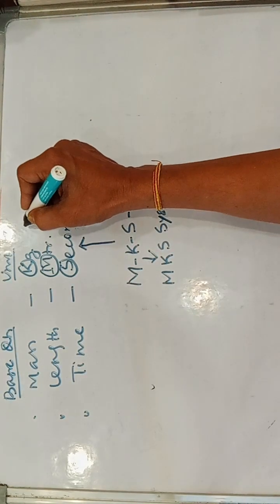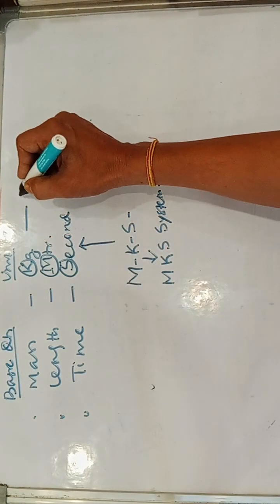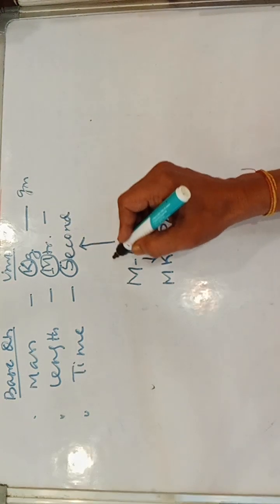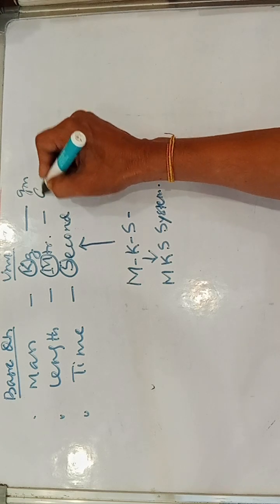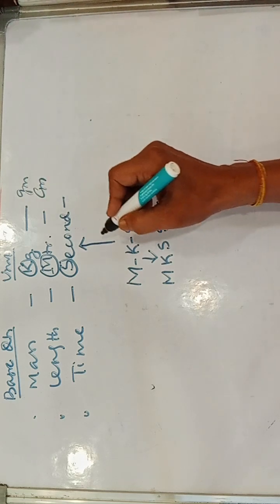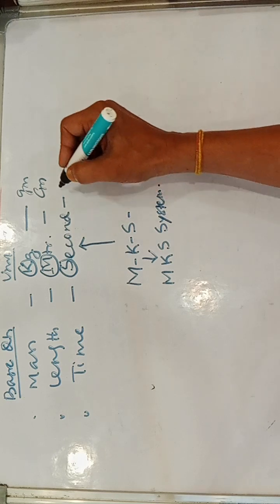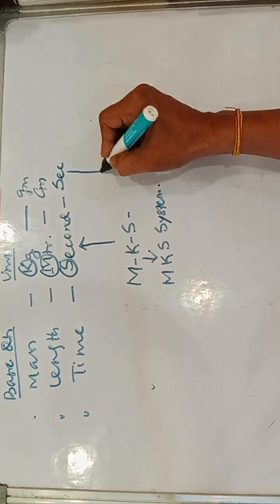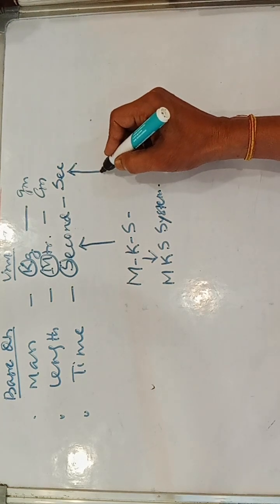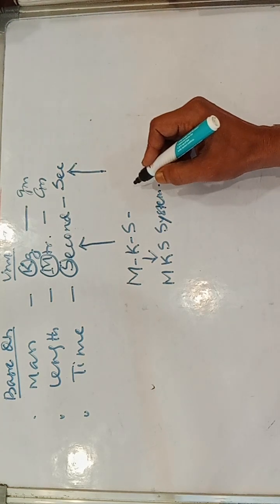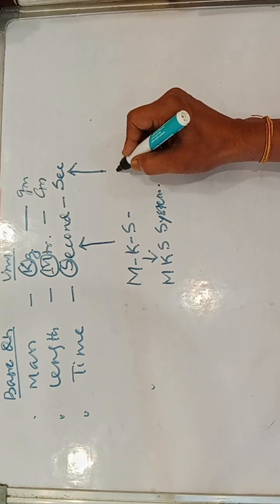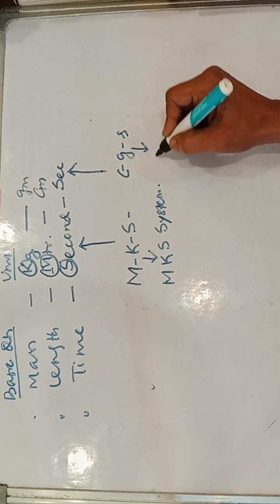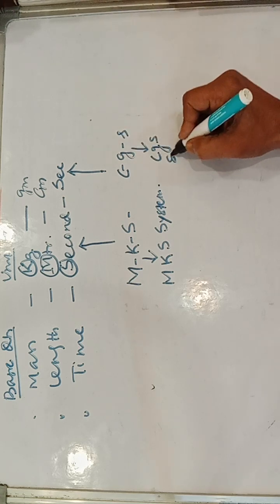Somewhere else, unit of mass is taken as gram, unit of length is taken as centimeter, and unit of time again is taken as second. In that system of units, we say this is a centimeter gram second, or CGS system.